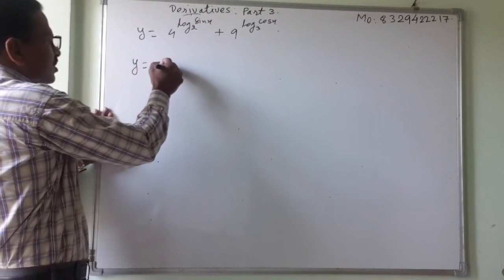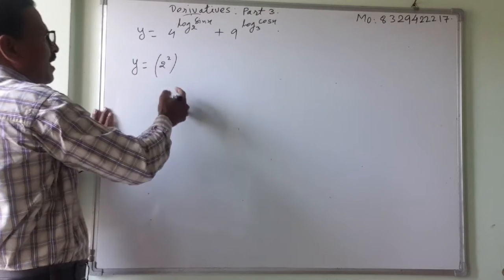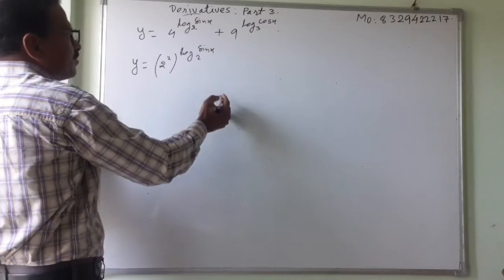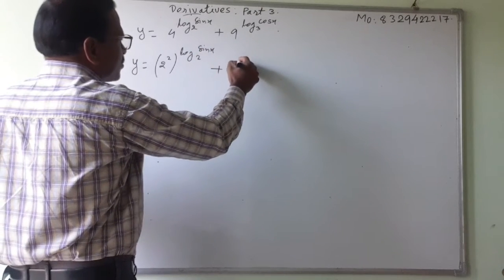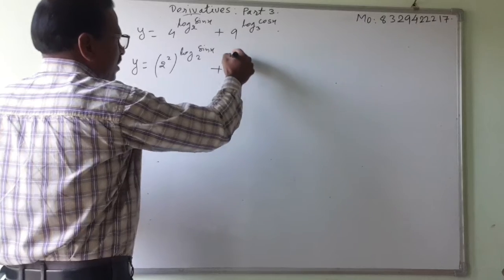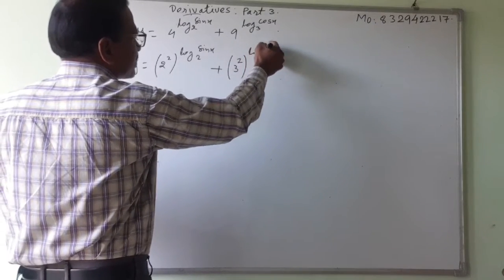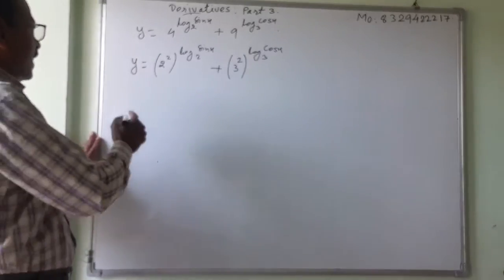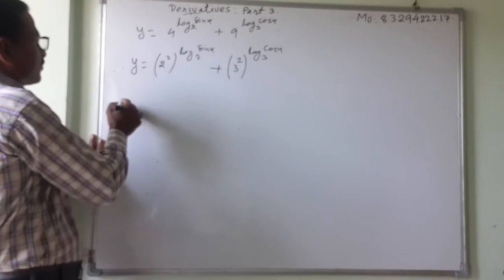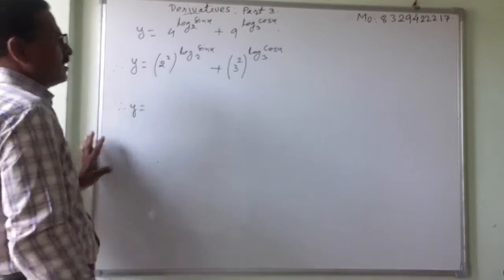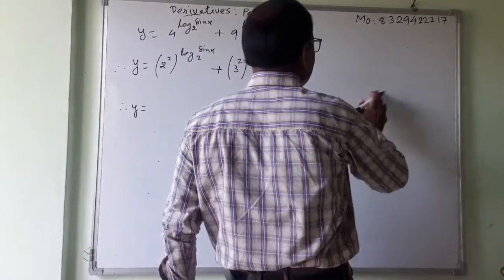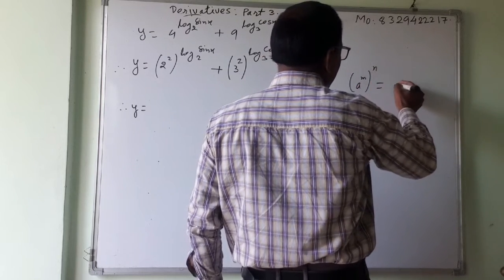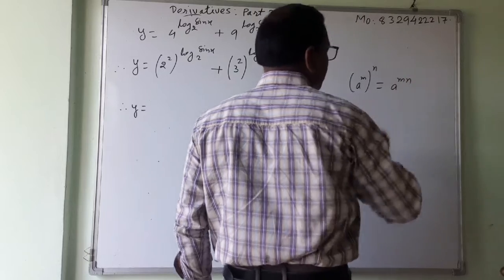So y is equal to, this is 2 raised to 2 and raised to log of sin x to the base 2 plus this is 3 raised to 2 raised to log of cos x to the base 3. This is the overall answer actually. So y is equal to, see this properly, to the very base, a raised to m raised to n is equal to a raised to m into n.